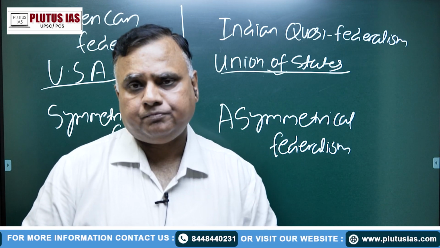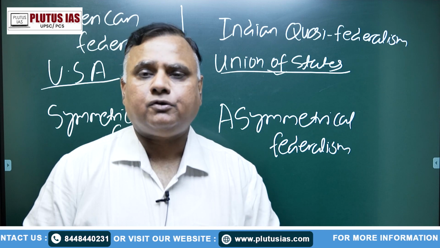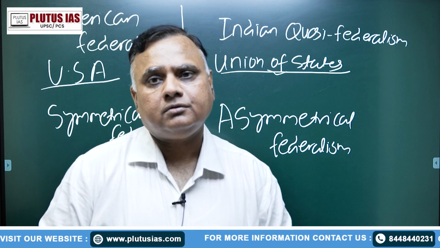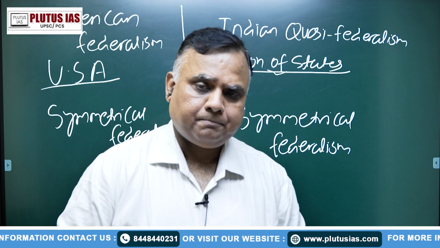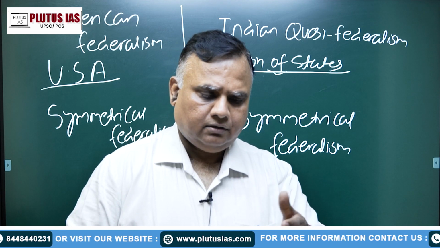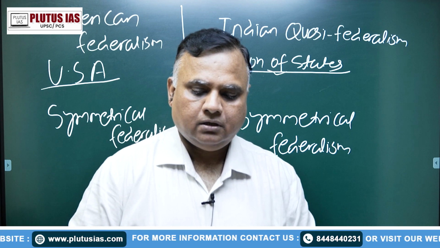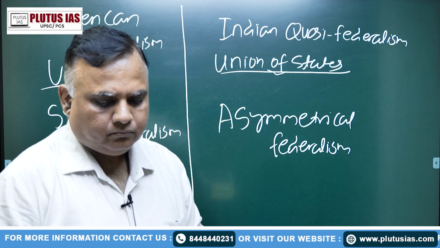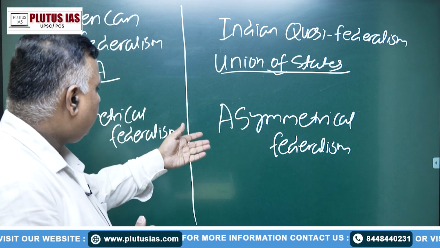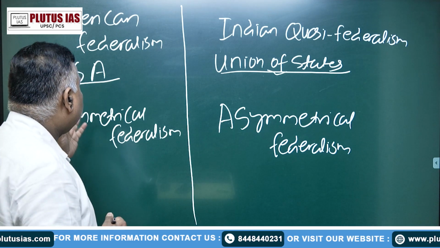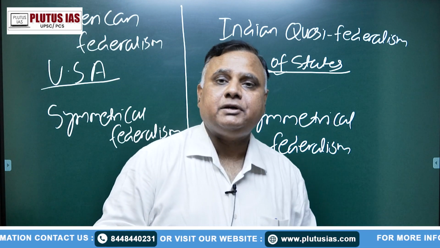G for Mizoram, H for Arunachal, I for Goa, and J for Karnataka's governor to take care of the Hyderabad region. So we see that our federalism is asymmetrical while American federalism is symmetrical.